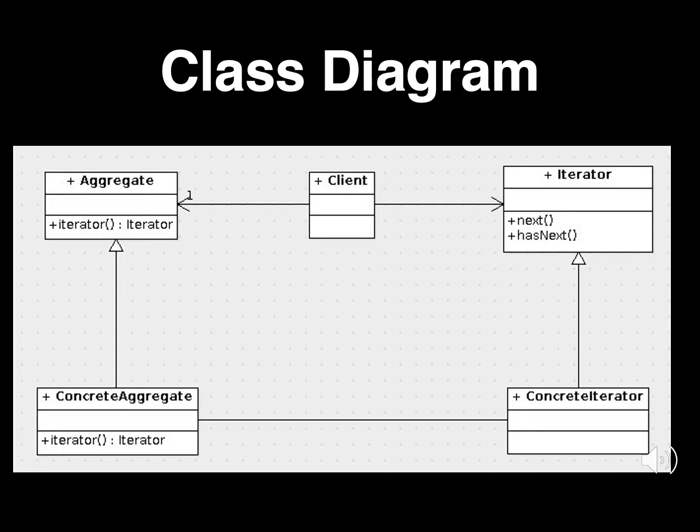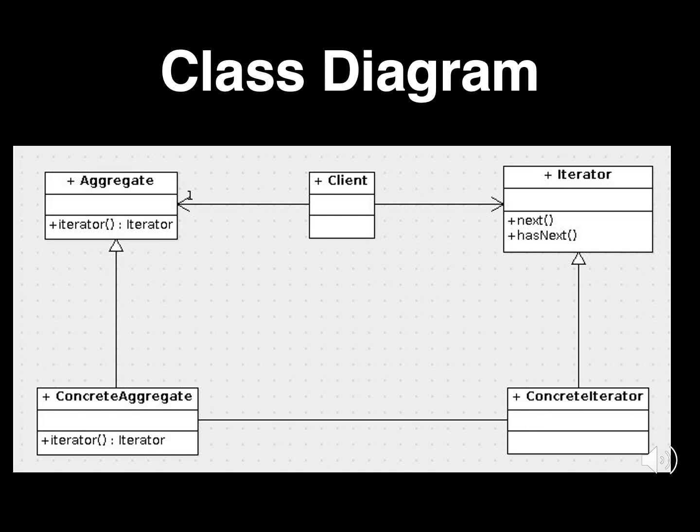This is the general UML representation of the iterator design pattern. You can see these are the main participant classes. Firstly, we have the iterator class. Inside the iterator class, there will be all the methods and operations that you want to provide for accessing, deletion or management of information.